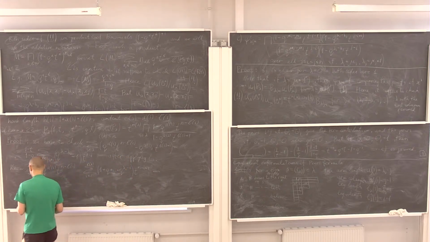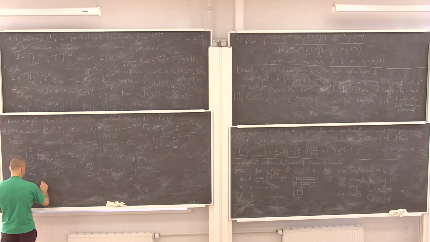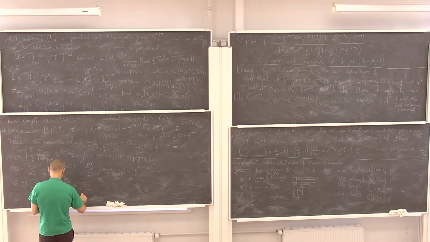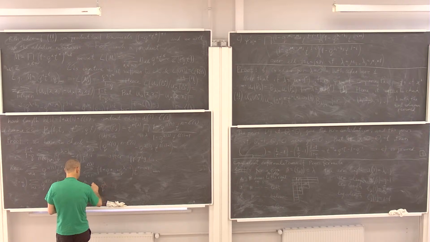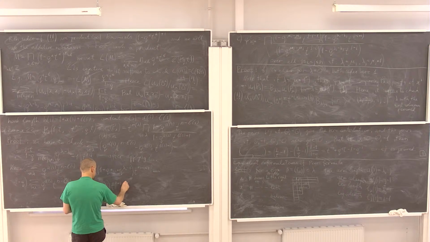So 1 minus q times this sum is the sum over all i of 1 minus q to lambda i times t to n plus 1 minus i.